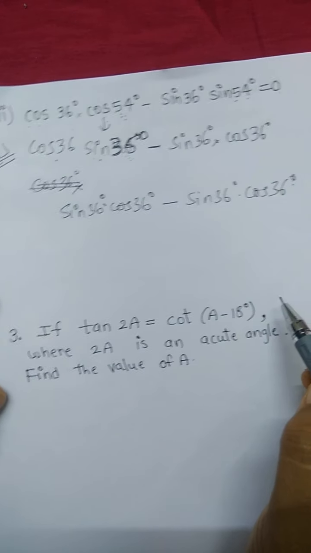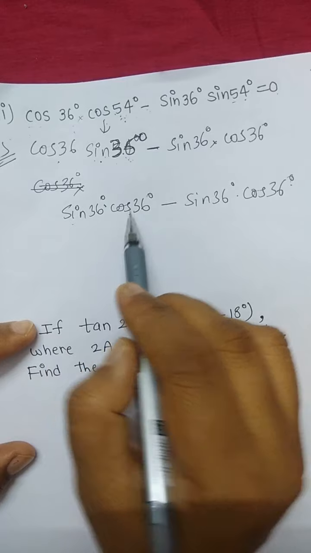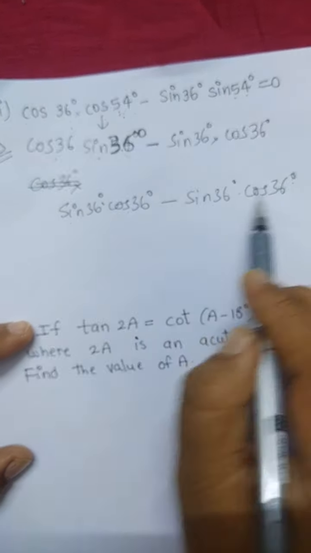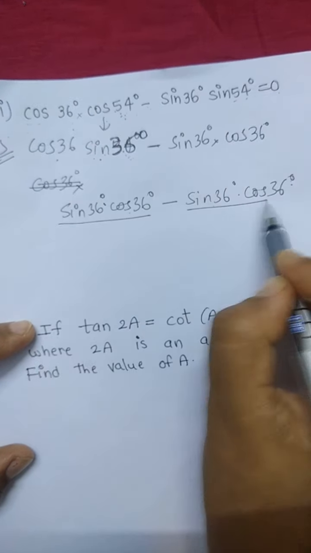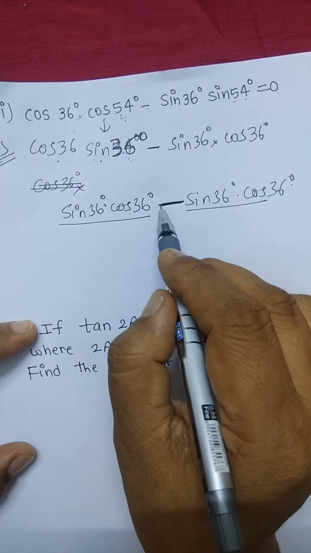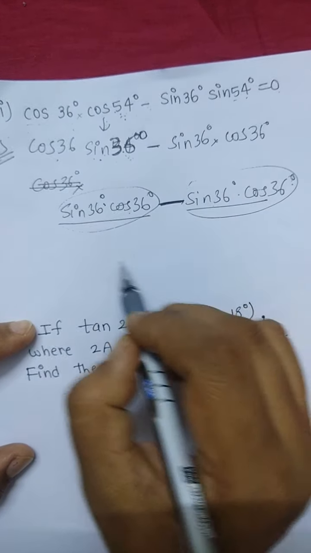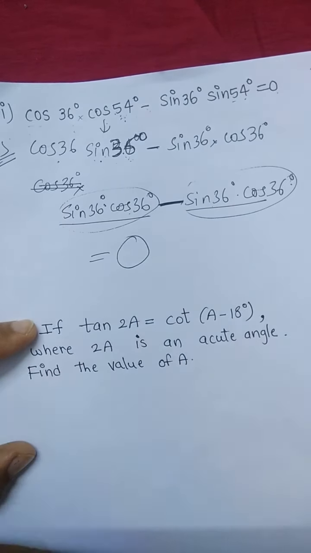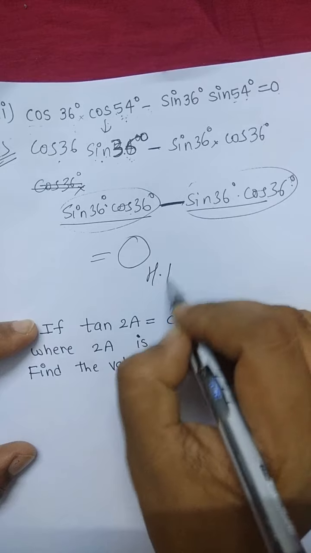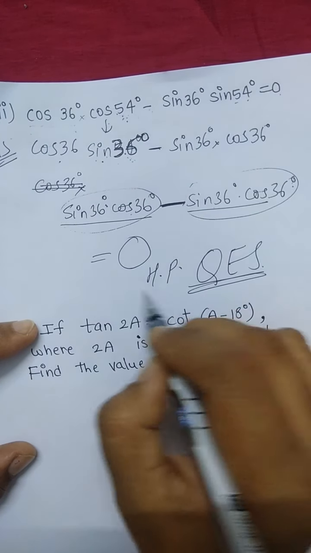Okay, we have arranged the terms. Now see, sine and cos, sine and cos. They are the same, these both. So there is subtraction here. The same quantity minus the same quantity will give you 0. So hence proved, quite easily solved. Okay.